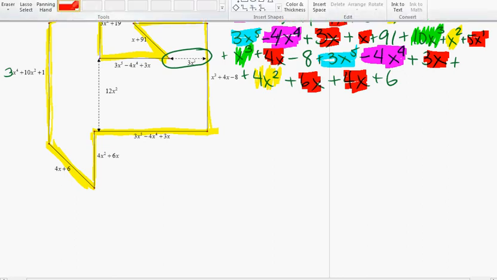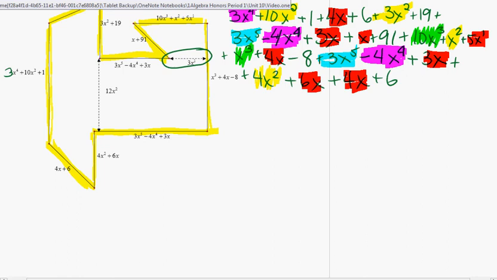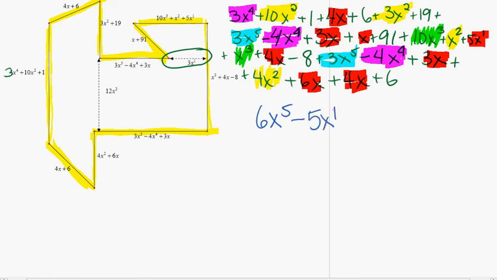Let's take a blue pen here and start combining. I'm going to start with x to the fifths. 3x to the fifth plus 3x to the fifth is 6x to the fifth. Now working down to the x to the fourths, I have negative 4 and another negative 4 is negative 8, plus 3, negative 5x to the fourth. Now my x to the thirds, which are in green, I have 10 and one more is 11, 11x to the third.